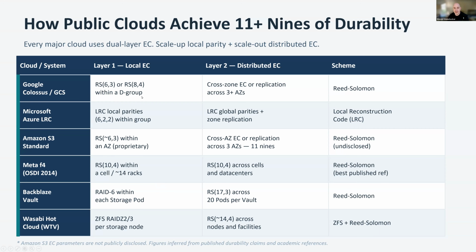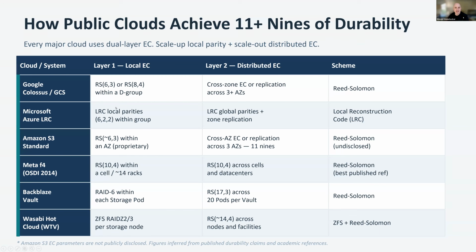When you take a look at how the public clouds operate, they're all taking this kind of technique of doing 2 layers. One thing I wanted to comment on is the LRC, the local reconstruction codes. This is like a 6+2 data erasure coding, and then you split the 6 chunks into 2 local groups so that you can do localized rebuild. But this kind of localized rebuild is for a site.